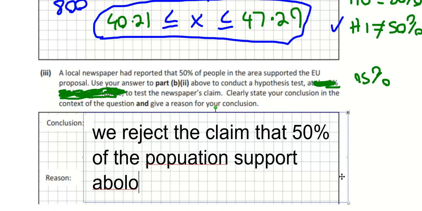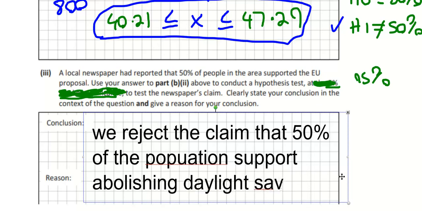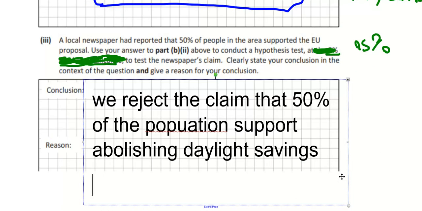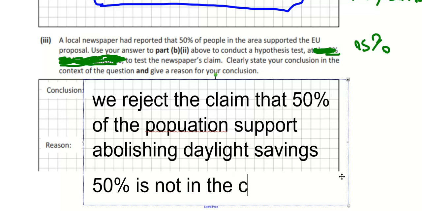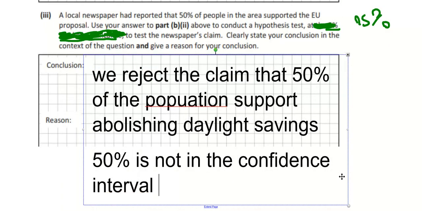If I could spell abolition, that'd be great. How do you spell abolition? This is because, what's the reason? 50% is not in the confidence interval range. Does that kill you guys? Is that the last question or is there more? That's it? All right.